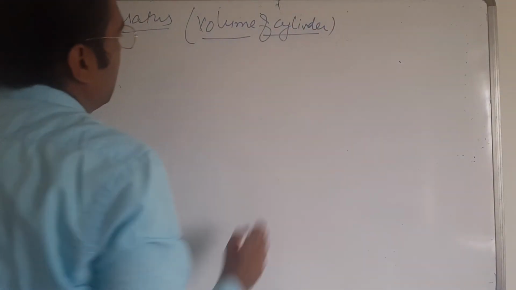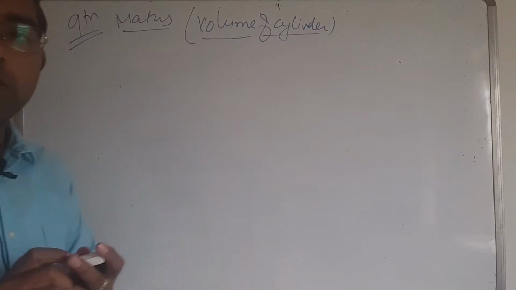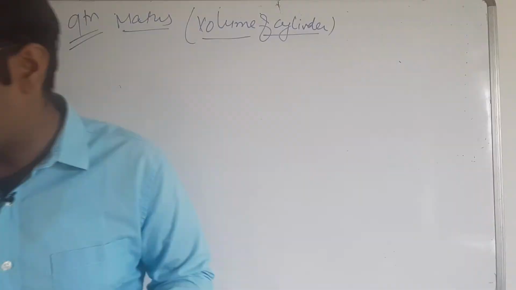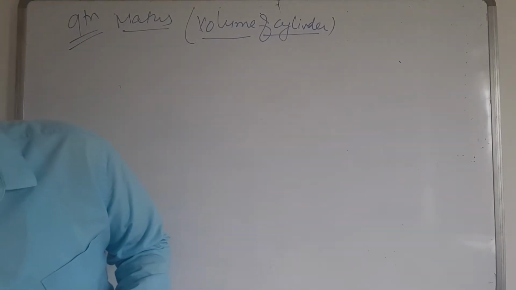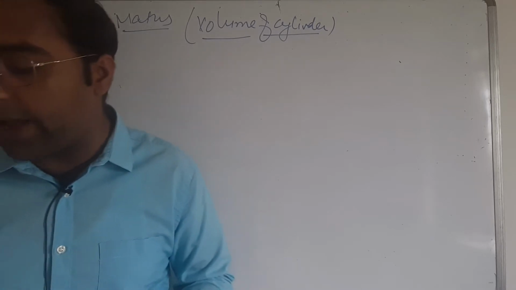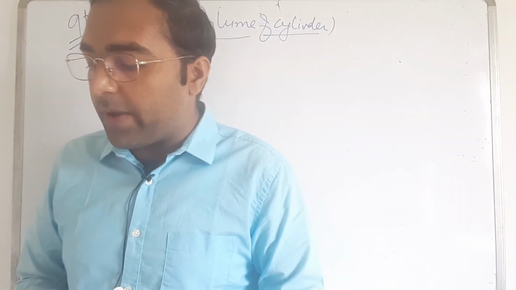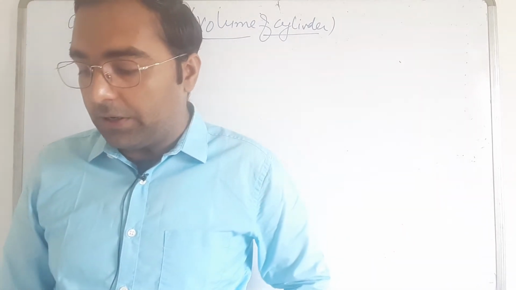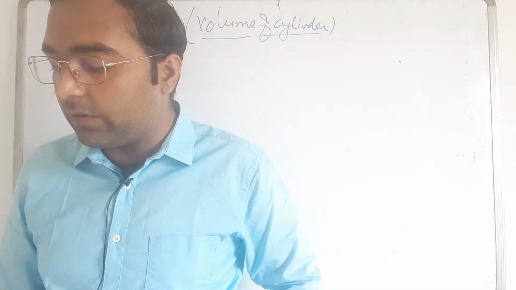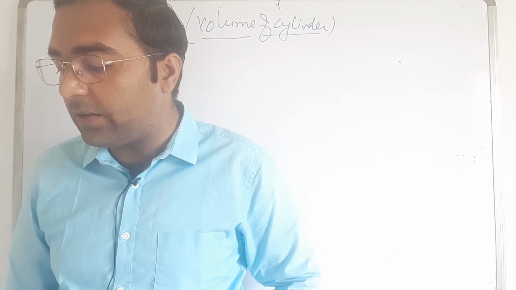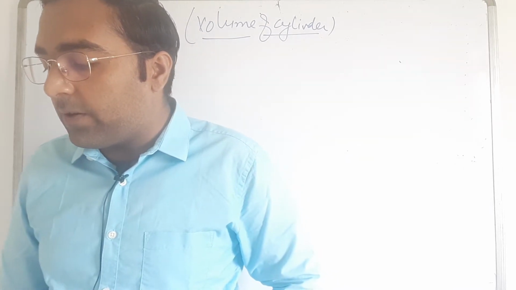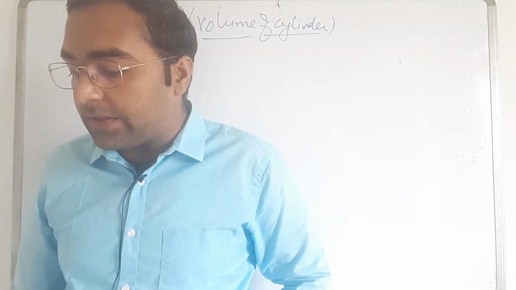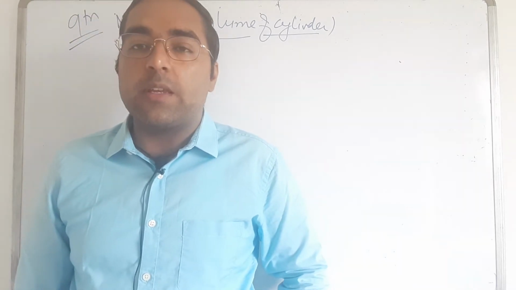Now, as per the previous question, we have seen that the inner diameter of the cylindrical wooden pipe is 24 centimeter and the outer diameter is 28 centimeter. The length of the pipe is 35 centimeter. Find the mass of the pipe if 1 centimeter cube of wood has a mass of 0.6 gram.